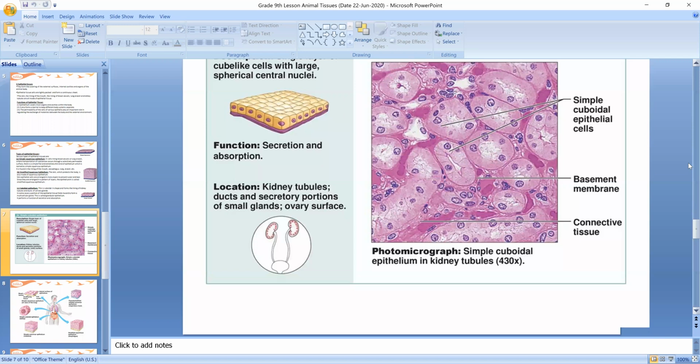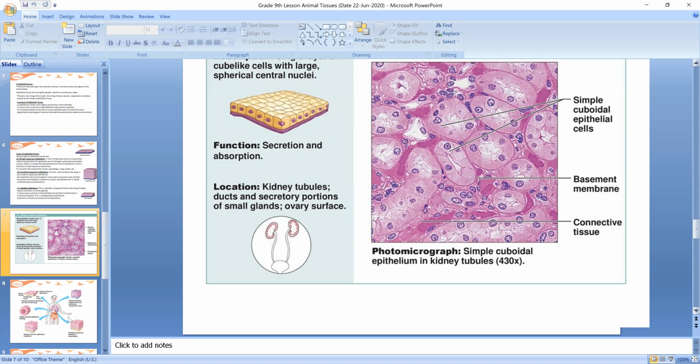Okay, so where is this cuboidal epithelium present? They are present inside the kidney tubules, the ducts and secretory portions of small glands, and even on the ovary surface. They are present inside the kidney, so they are used for secretion and absorption.